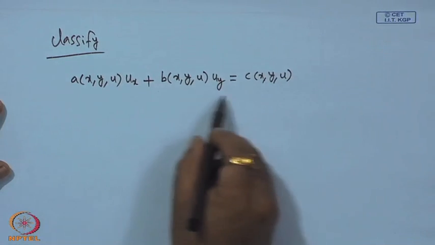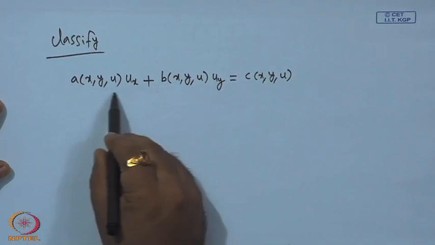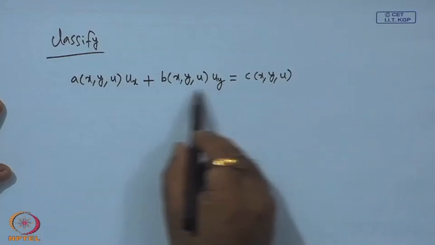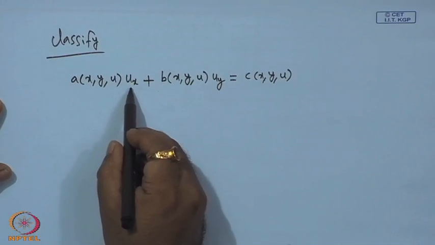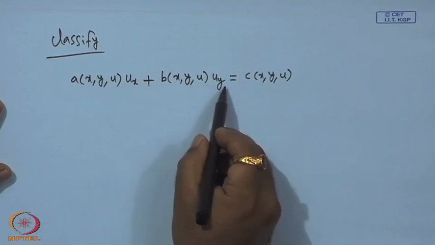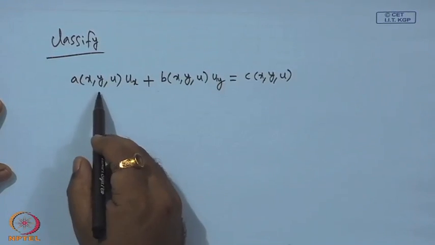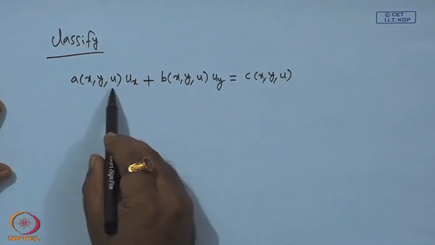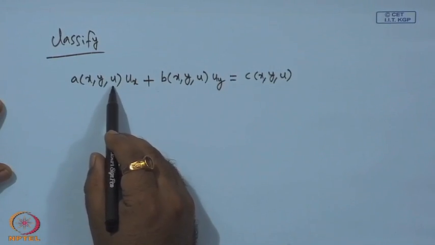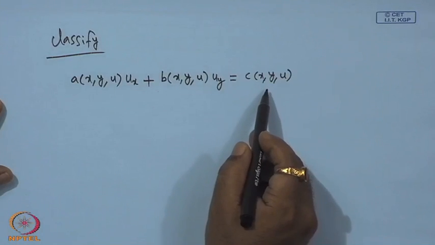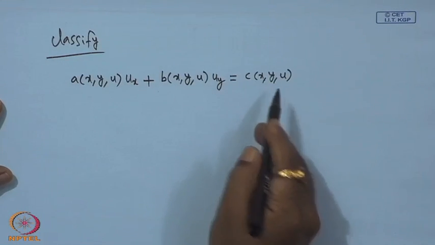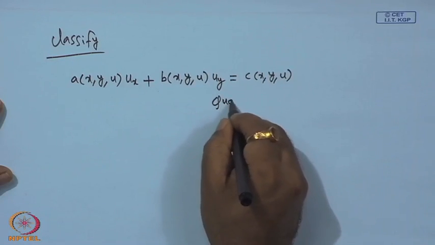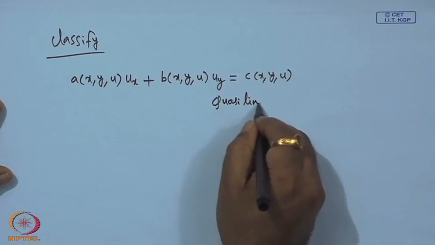so if a PDE is first order, of course, because only the first derivatives are involved, and if it is in this form, remember that with respect to u x and u y it is linear. However, the coefficients can be of this form, they can depend on x, y and also u, and of course the right hand side. Such a classification is called quasi linear.